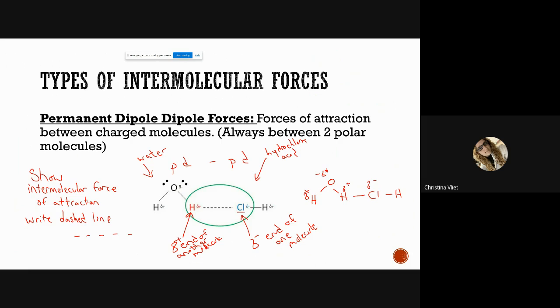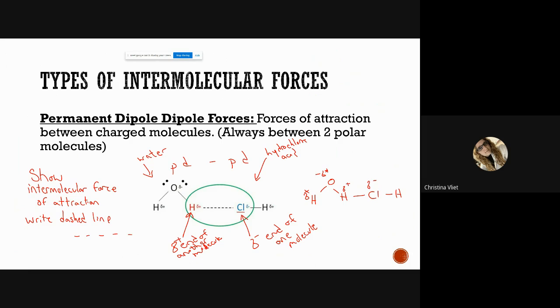Why is this totally wrong? This says it's a covalent bond. If I do a straight line between the two atoms, I'm saying they're permanently covalently bonded together. That this is H-O-H-Cl-H, that H is in between two other elements like that. It's not like that. A dashed line tells me that these two are attracted to each other, they're getting close to each other, but they're not chemically bonded in a covalent bond. So be careful with the terminology.